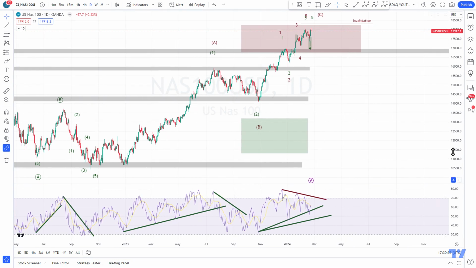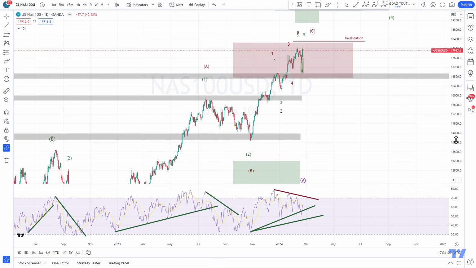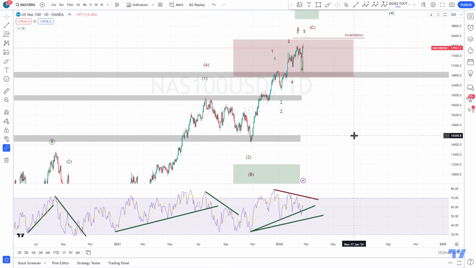For the bearish scenario, I think the daily is the most interesting time frame now, in the sense that if we are in the bearish scenario in the weekly, the higher time frame, then this here should be our C wave. And as long as we see an ending structure here as a C wave, we can still be in the bearish scenario.